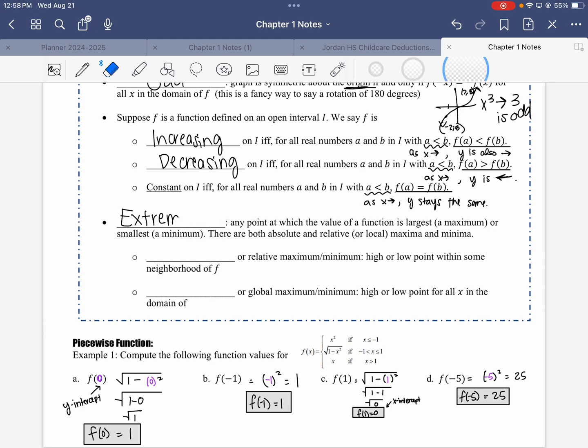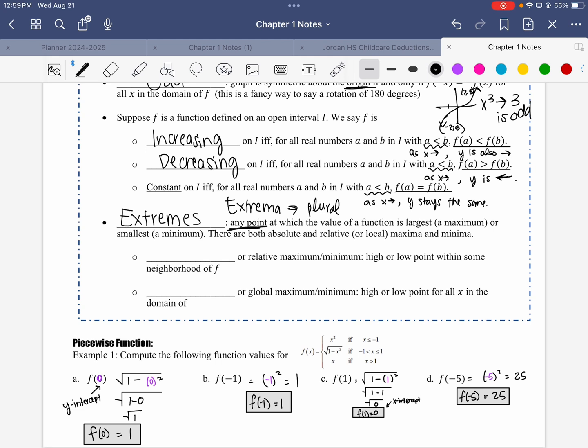Okay, technically this should actually say extremes. So extrema is the plural. Okay? Extreme is the singular, extrema is the plural. So the reason it should say extremes is because of grammar.